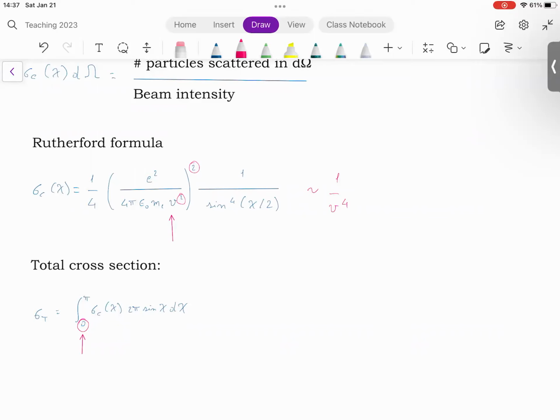And that kind of makes sense. If I make the angle 0, even if I don't have any collisions, the probability that my particle will continue in the same direction, well, it's 100%. But somehow that doesn't quite seem to work in the way we've written the expression.